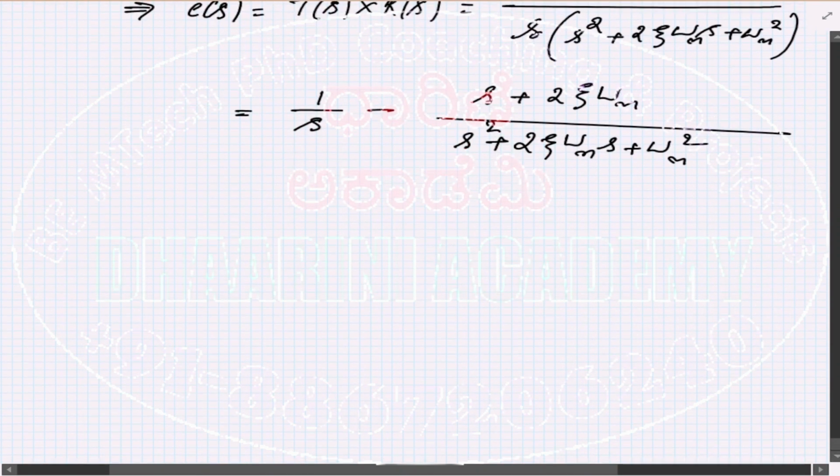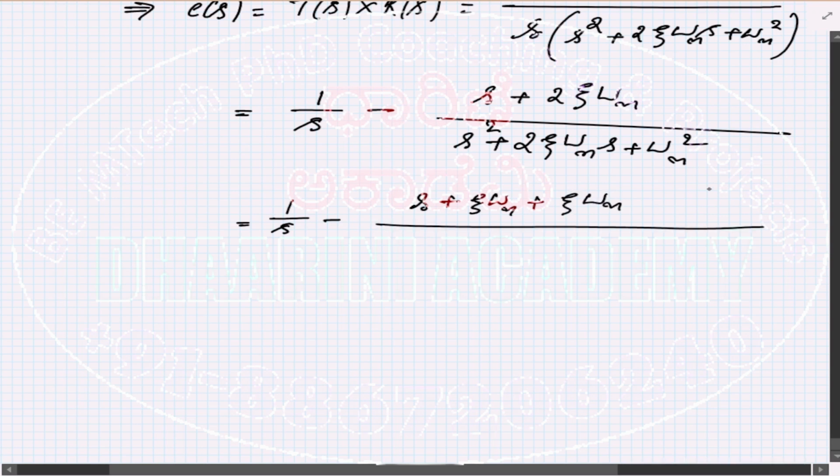Now, let's try to make a perfect square somewhere. So I'm going to write this as 1 by s minus, for this term there are 2 times zeta omega n, so let me write it this way. We split this as zeta omega n plus zeta times omega n, divided by s square plus 2 times zeta omega n s plus omega n square.